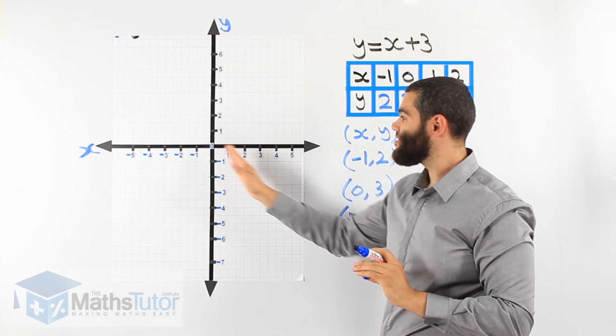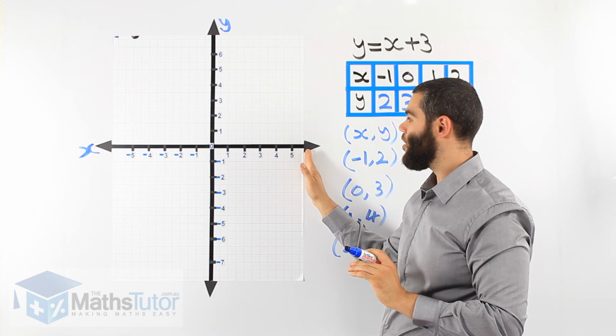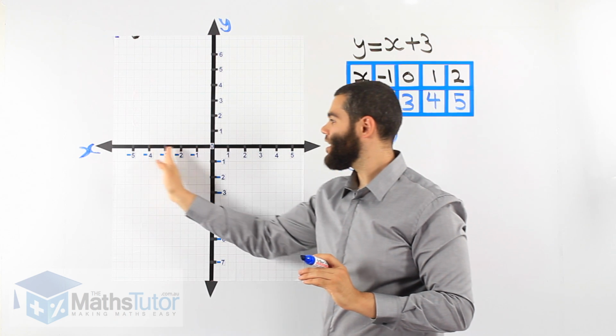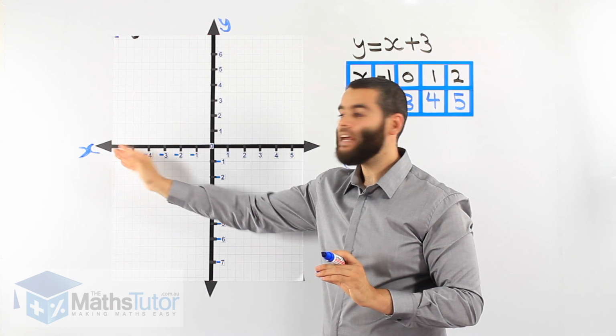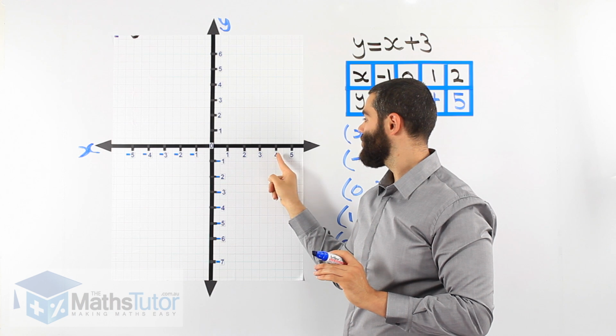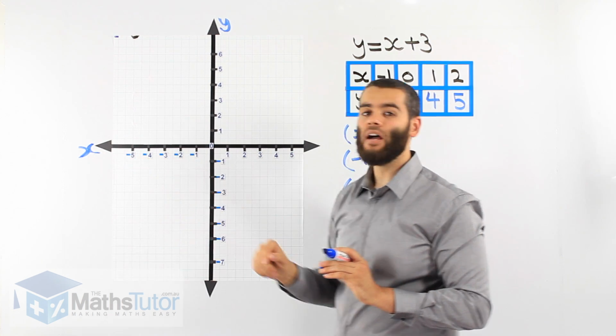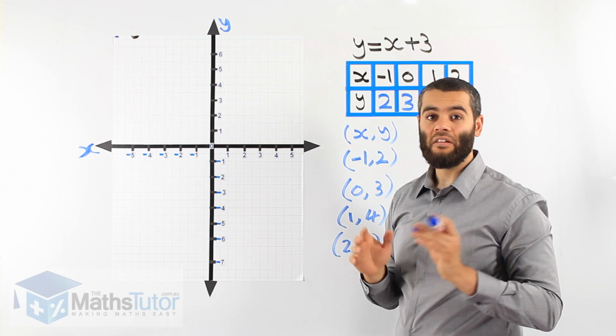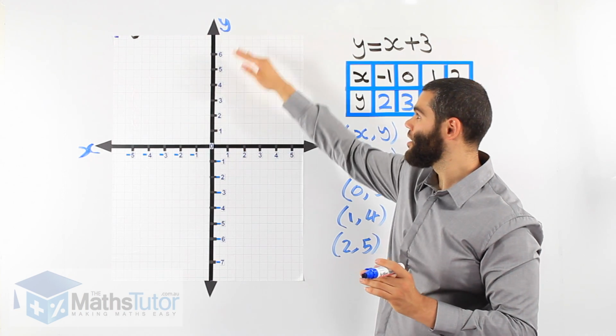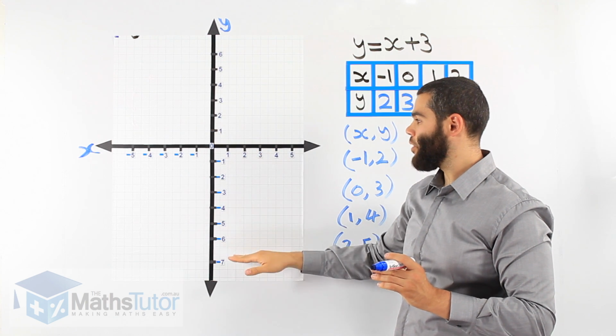The x-axis is divided. We have the positives on the right and the negatives on the left. We have 1, 2, 3, 4, 5, and -1, -2, -3, -4, -5. The y-axis likewise is divided into top and bottom.